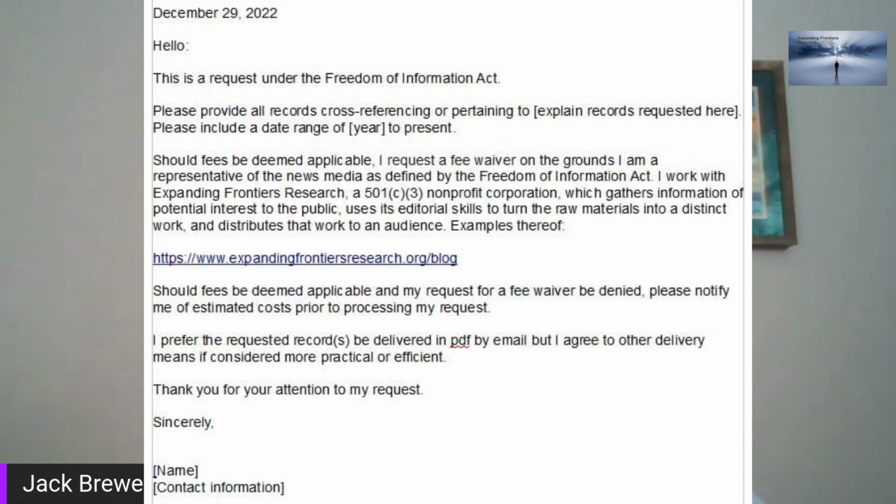Then you'll want to inform them that it's a request under the Freedom of Information Act. Then you will want to request the records cross-referenced or pertaining to and explain the nature of the records you're seeking. If applicable, explain a date range.